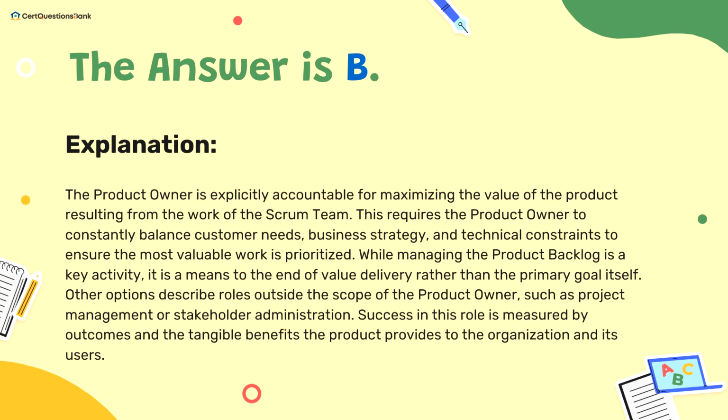While managing the product backlog is a key activity, it is a means to the end of value delivery rather than the primary goal itself. Other options describe roles outside the scope of the product owner, such as project management or stakeholder administration. Success in this role is measured by outcomes and the tangible benefits the product provides to the organization and its users.